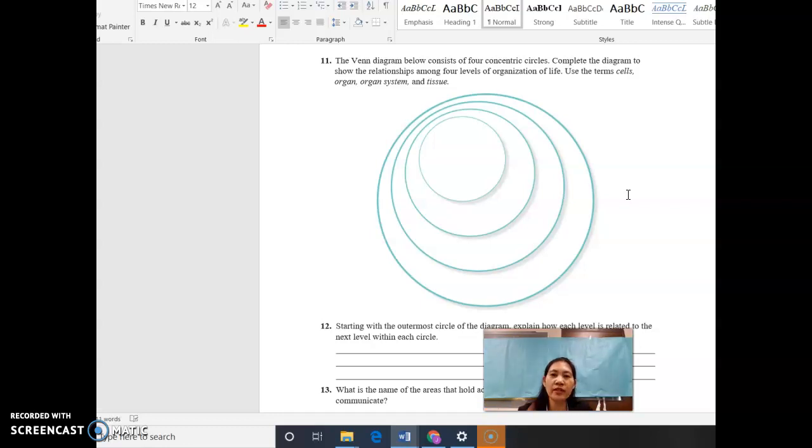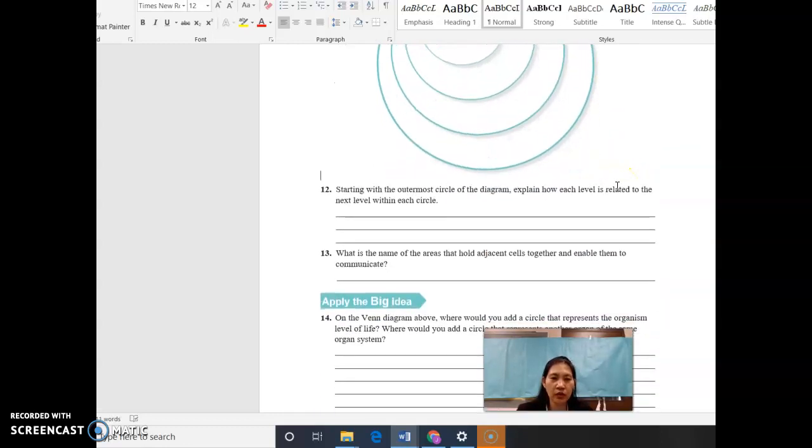And what is a group of cells? Tissues, right? And a group of tissues, organs. And a group of organs, organ system. So those are the four things. Starting with the outermost circle of the diagram, explain how each level is related to the next level. I already talked about that.